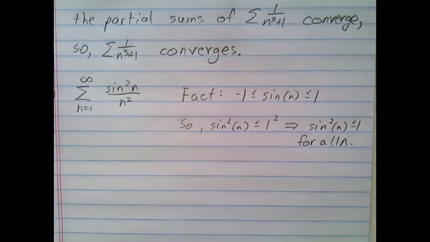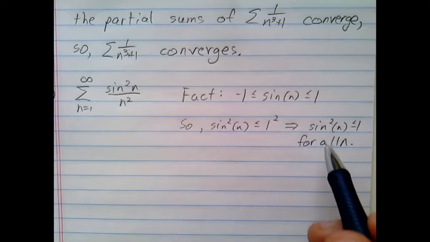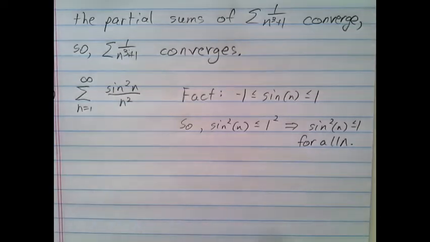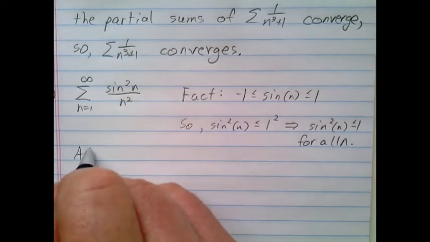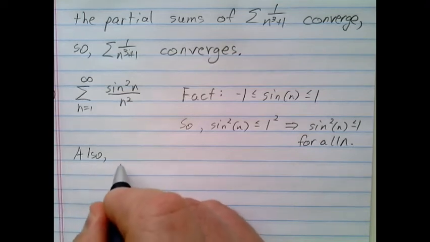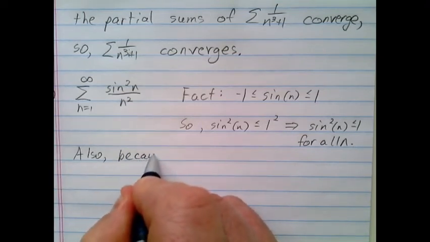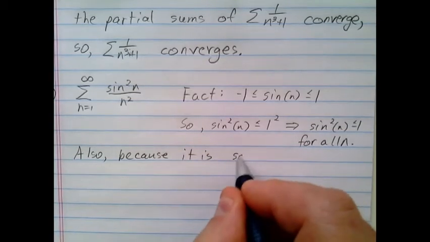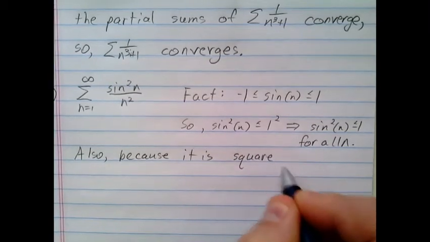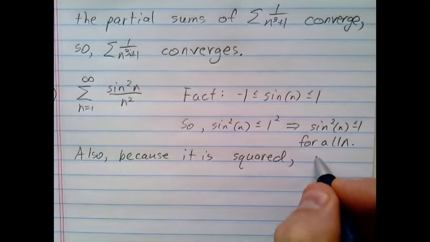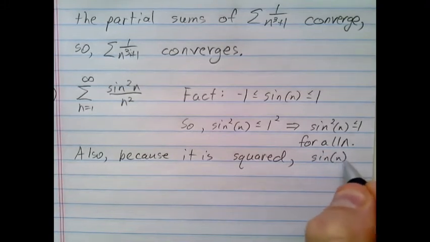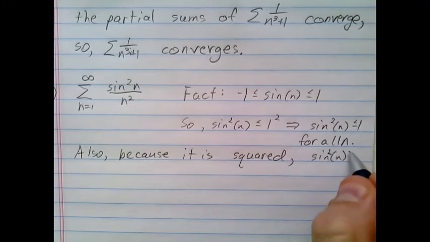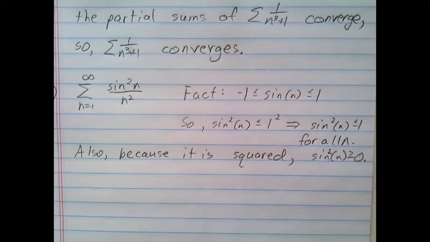But it's also the case that when you square something, it can't be negative. Also, because it is squared, sine squared n has got to be greater than or equal to 0.